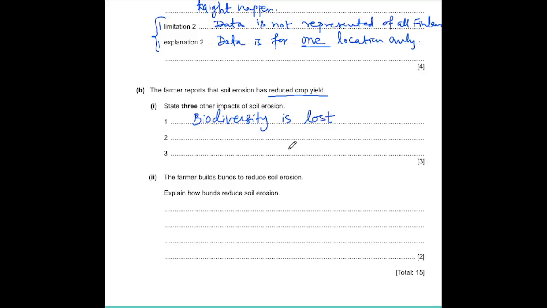Second, we have to put 3 points here, right? Next one, loss of habitat. When erosion is there, of course the animals will also move from one place to another place. So loss of habitat for them, loss of biodiversity, and a very important one is desertification.